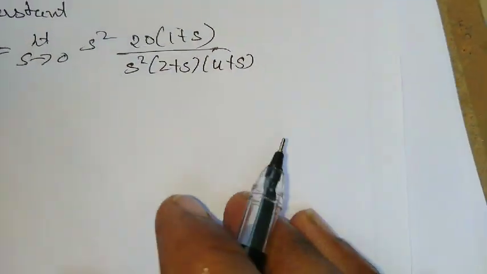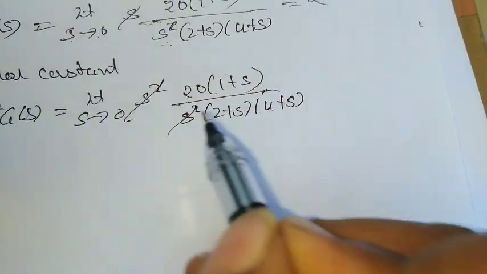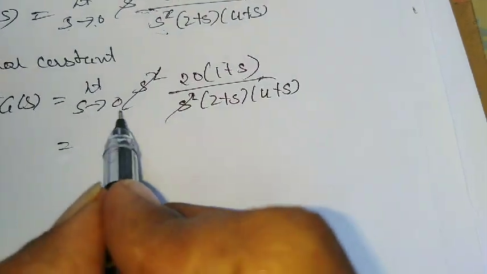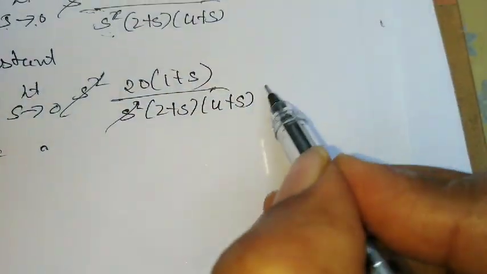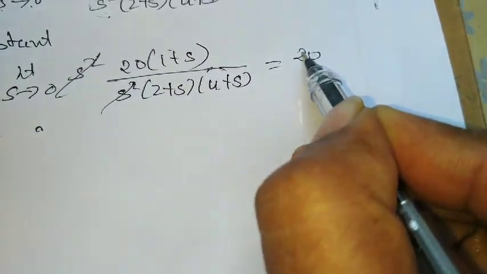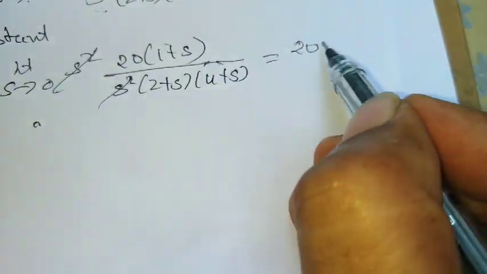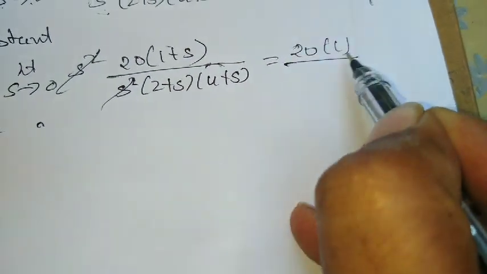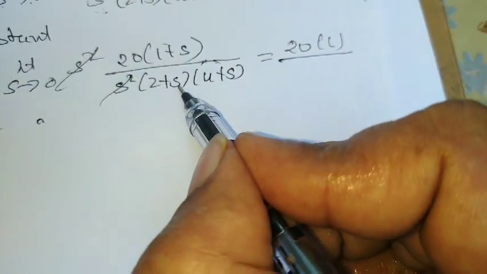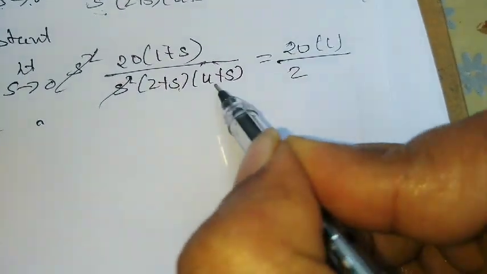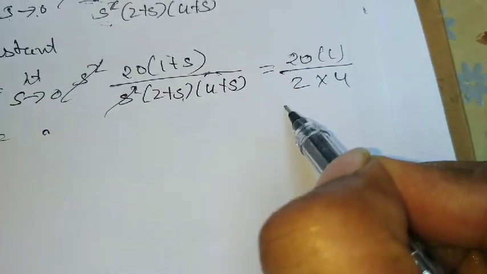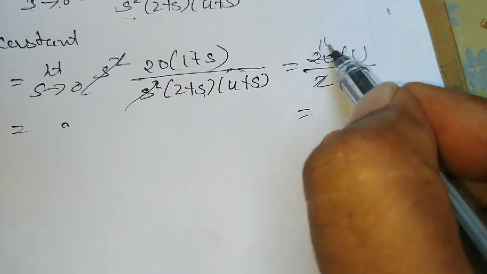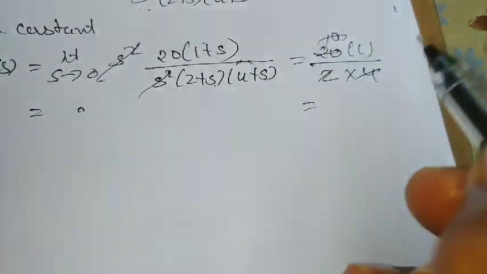In this s square gets cancelled. Now you substitute s equal to 0, so 20 into (1 plus 0) is 1, divided by 2 plus 0 is 2, 4 plus 0 is 4, 2 into 4. Now this value will be 2.5.